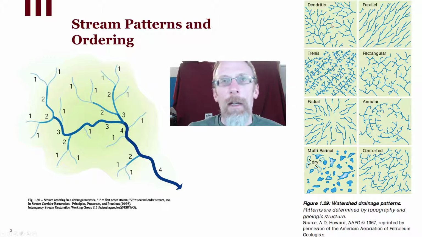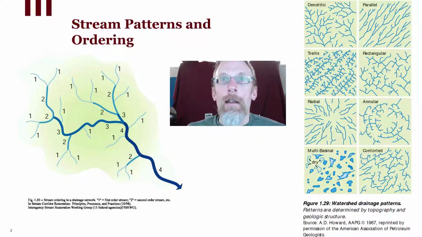And dendritic is because this evokes the veins in the leaf of a deciduous tree, and that word comes from that plant physiology, I guess. But this is the drainage pattern we typically find in areas with relatively flat-lying sedimentary rocks. So if you look at the drainage pattern of most watersheds in Missouri, say, where our rocks are predominantly flat-lying, you'll see a dendritic pattern.